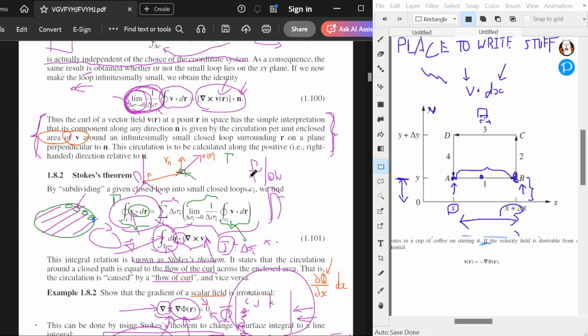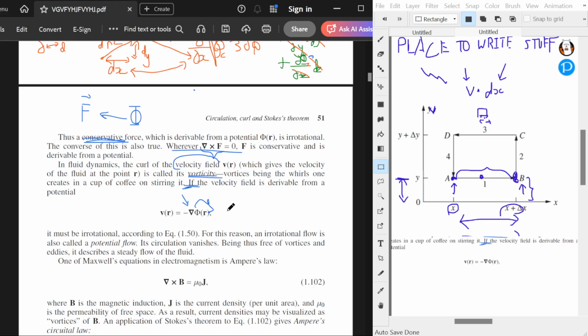That is really high up. For this reason, an irrotational flow is also called a potential flow because you can get it from potential. Its circulation vanishes. So you can have a flow without a circulation, is what I'm getting from this.